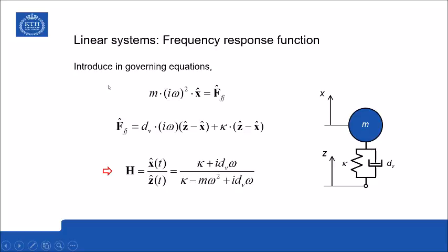And if we put these two equal in order to eliminate the spring damper force, then we can solve for the ratio of x over z, and we obtain this frequency response function for this system that connects then the excitation z and the response x.